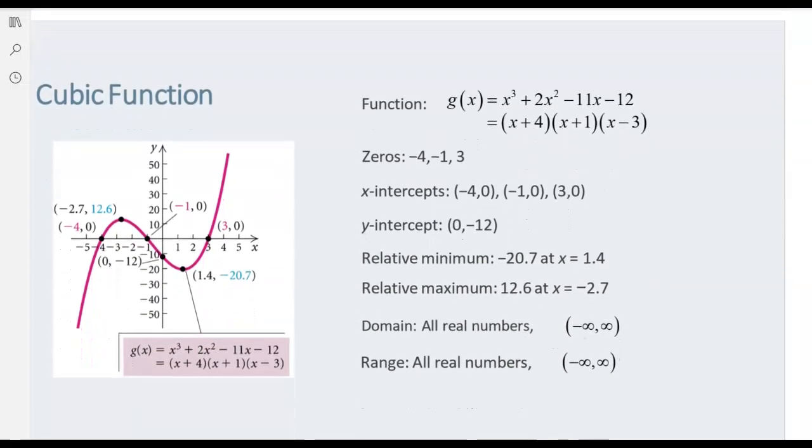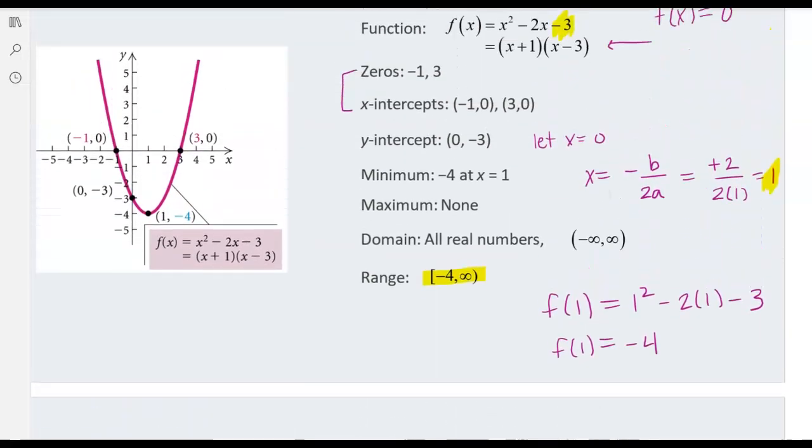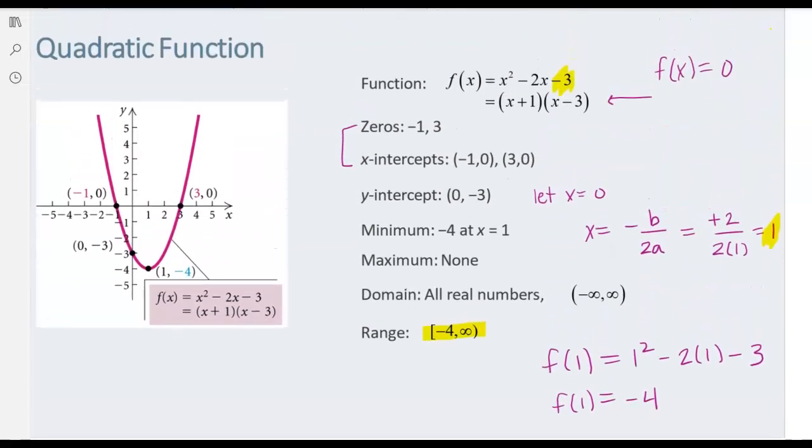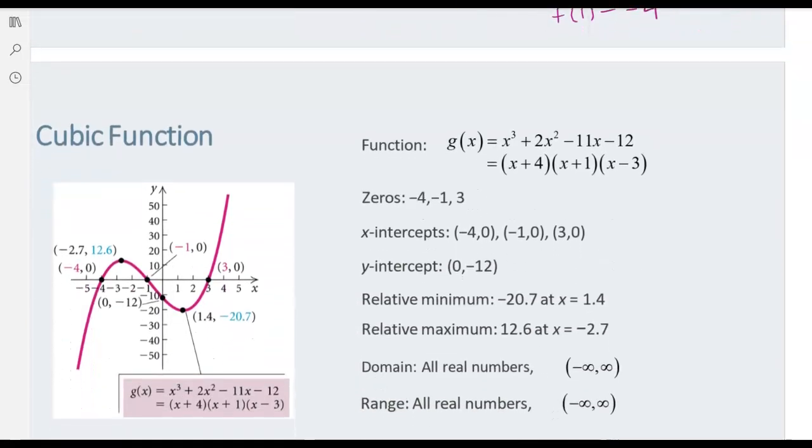When we have a cubic function, you can see that this is a little bit more complex. One of the main things to notice is that in the polynomial that's raised to the second power, we ended up having 2 zeros, or 2 x-intercepts. When we go to this one that's raised to the third power, we end up having 3 zeros, and you can see that we have 3 x-intercepts.